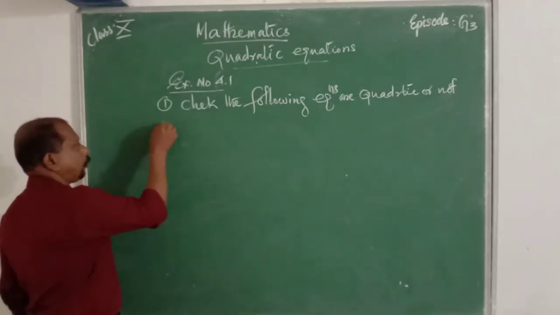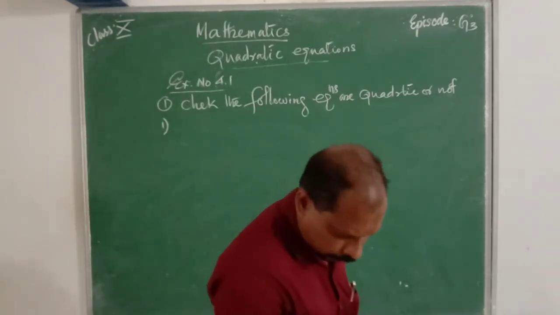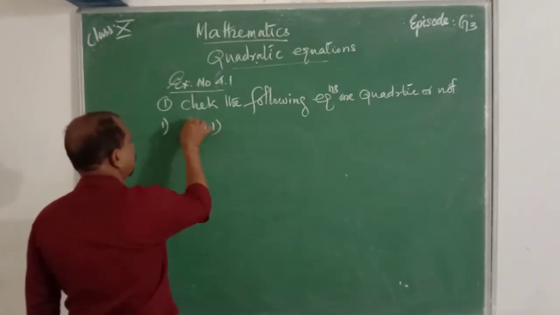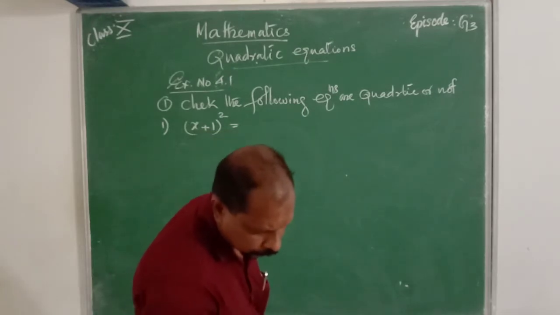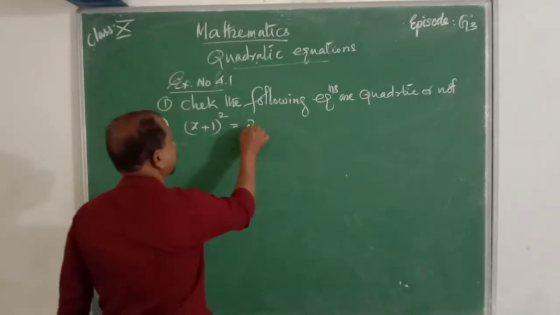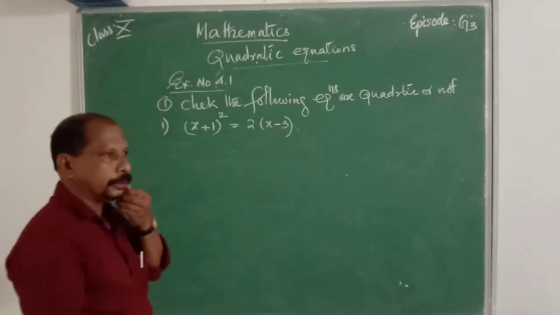Out of that one, first is (x plus 1) the whole square is equal to 2 into (x minus 3). This is the first question.